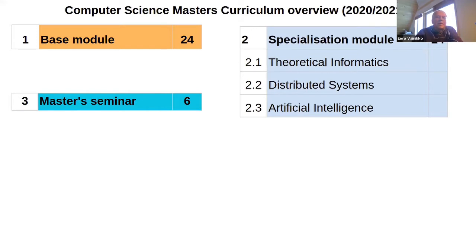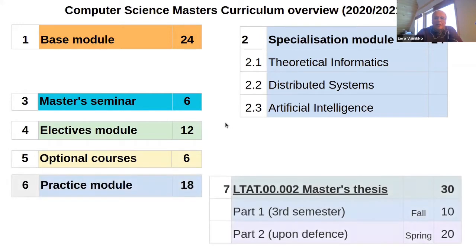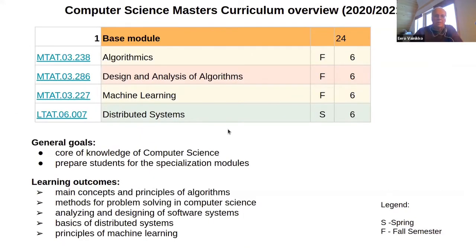There is a restriction that just 3 ECTS of master seminar should be conforming to your specialization module. Then there is the electives module, which is 12 ECTS, optional courses 6 ECTS, practice module 18, and in the end the master's thesis. But now I will be going through all those different options a little bit more closely.